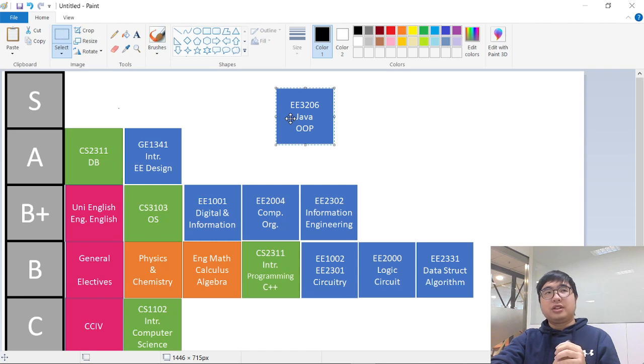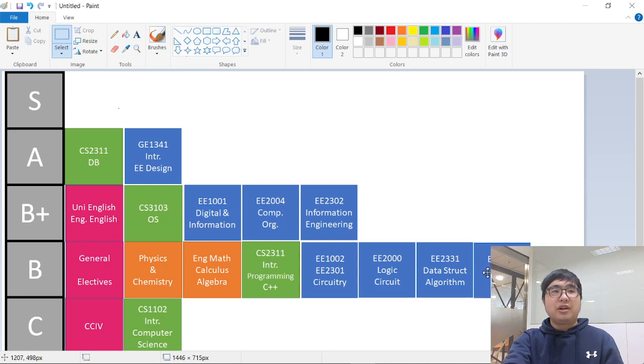However, it's a successor of the data structure and algorithm course, because I think they try to teach a collective knowledge about data structure, algorithm, and object oriented programming with two languages, so that they can say that we include C++, we also include Java, and we cover these topics, including data structure, algorithm, and OOP. So yeah, again, I will put it in B.